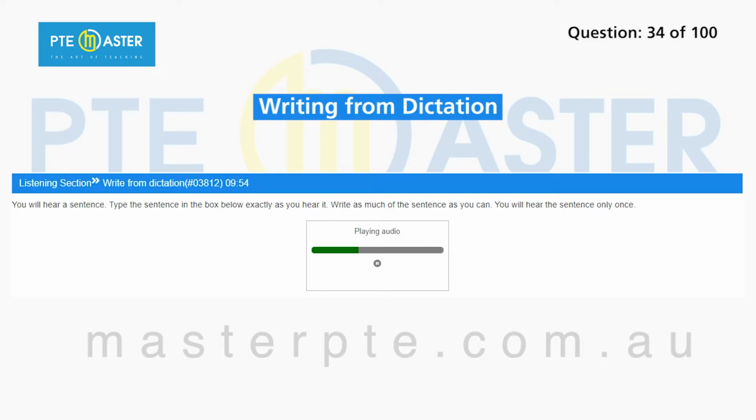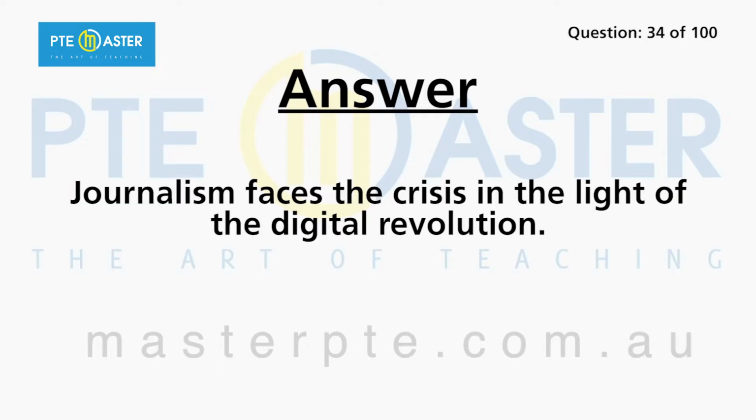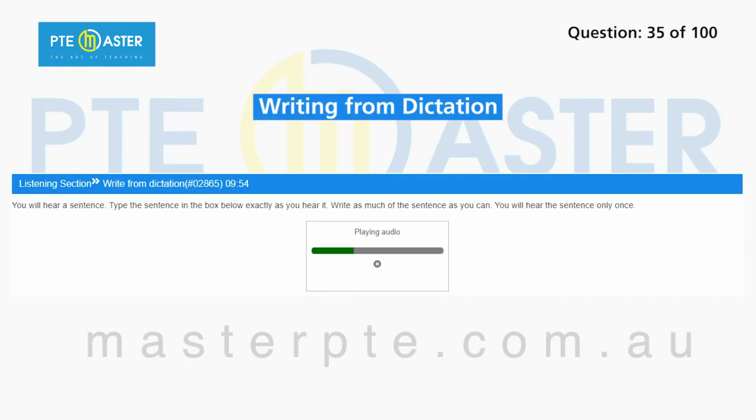Journalism faces the crisis in the light of the digital revolution. The coffee machine on the third floor is not working today.